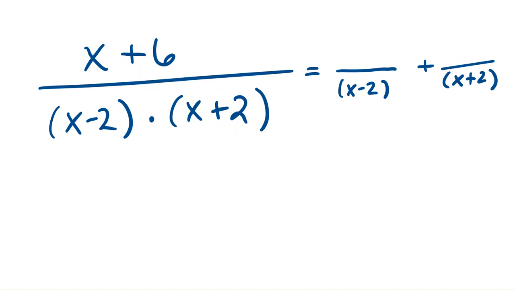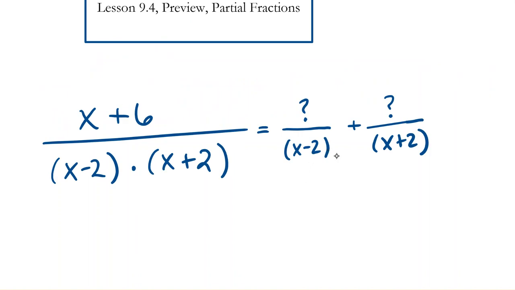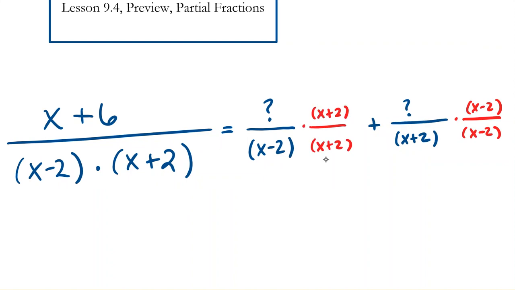For now, all the information that we know is that the two denominators must look like this, but we're not yet quite sure what would have to be the numerators so that whenever this side combines to be a single fraction, the numerator of the resulting fraction would be x plus 6. In order to combine these to a single fraction, we would have to find a least common denominator, which we could do by this method.